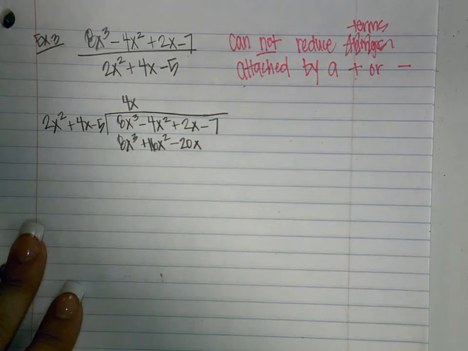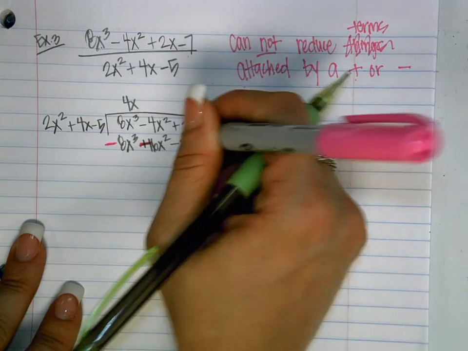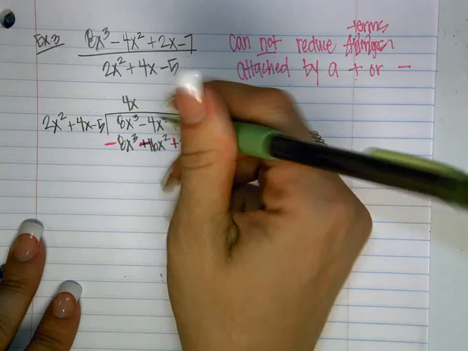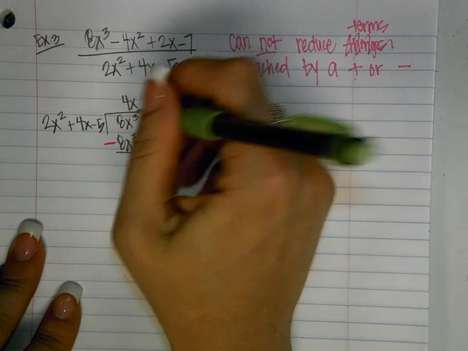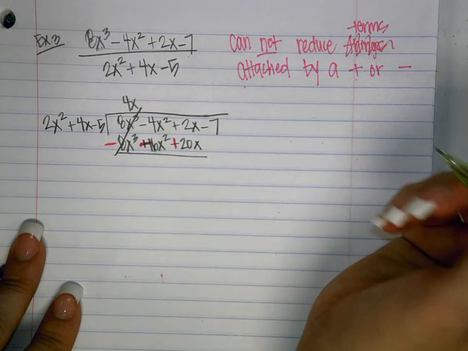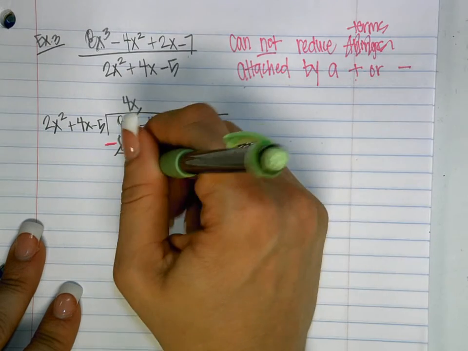Then change all your signs. So negative, negative, positive. If you need another color or something, ask me and I will give you a colored pencil. Those will cancel. Negative 4x squared and negative 16x squared, negative 20x squared.